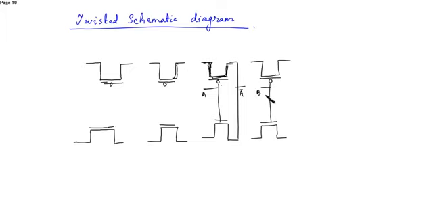Similarly, this is B, and this is B bar. Okay, so now we actually know this is source, drain, source, drain, source, drain, source, drain. These are two inverters. They are again source, drain, source, drain, source, drain, source, drain.